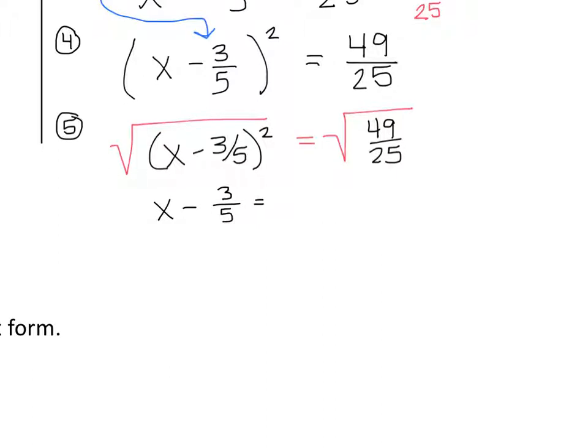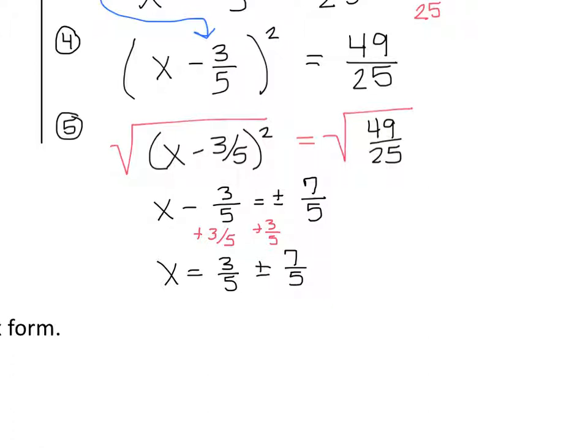What do we get on the right side? 7 over 5. What goes in front of that? Plus or minus, good. And minus... X. Add the 3 over 5. Oh, yeah. So we get x equals 3 over 5 plus or minus 7 over 5.